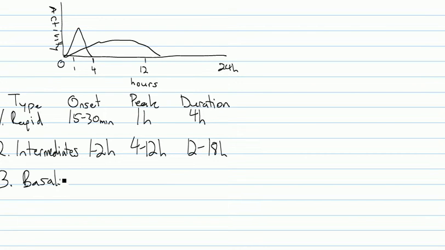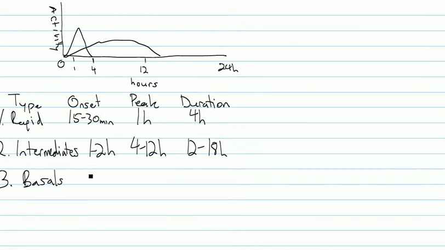Those are things like Lantus or Detemir. Those are insulins that are designed to stay in your system and match your endogenous sugar production. They replace the low level of insulin that you've always got in your system if you don't have diabetes, to match the small amount of sugar you're always making.